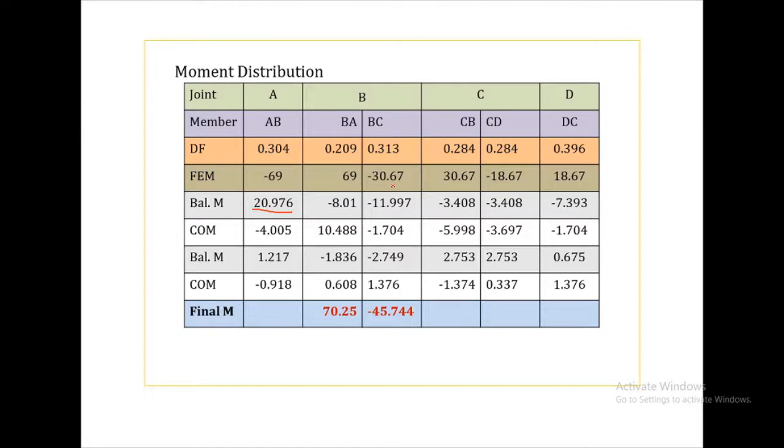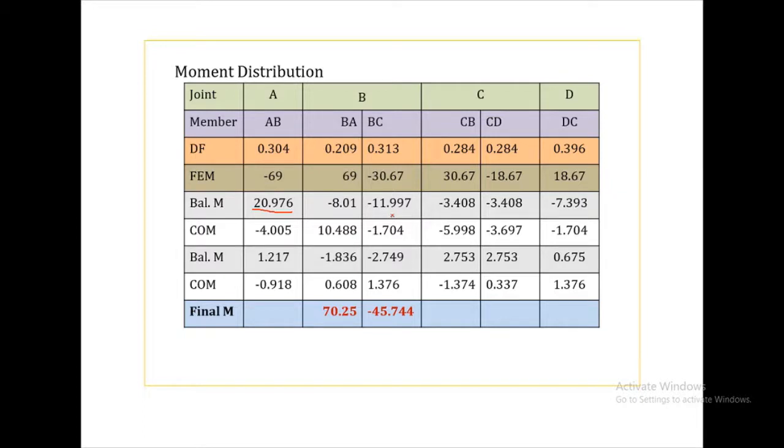When we add, we get 38.33 kilonewton meter, which is negative. We take the positive value, 38.33 into 0.209 will give us minus 8.01 and 0.313 will give us minus 11.997 as our answer.